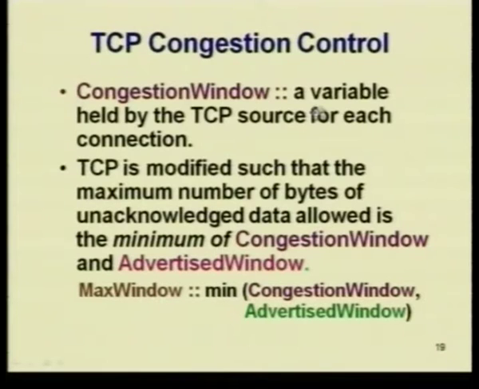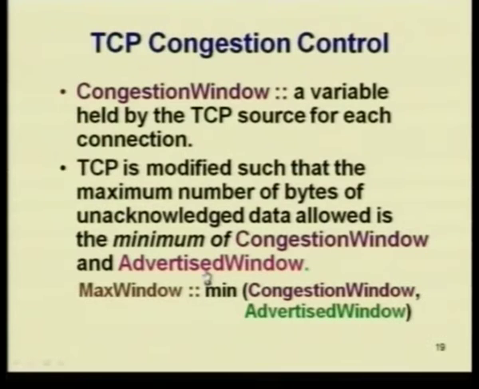This congestion window is just a variable that is held by the TCP source for each connection. Okay. So TCP is now modified such that the maximum number of bytes of unacknowledged data allowed is the minimum of congestion window and advertised window.